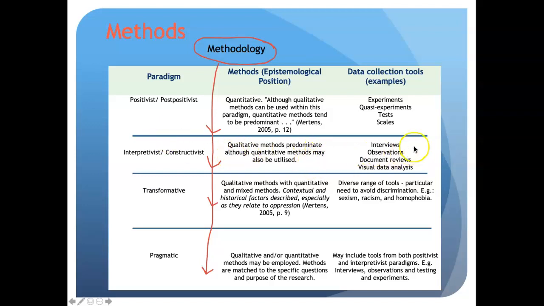And then that would be followed by interviews, observation, not all of these necessarily, but you might have a combination of interviews, observations, document reviews, visual data analysis, and so on. So this is the trajectory. So let's look at that a little more closely.